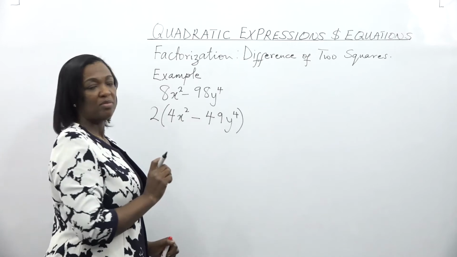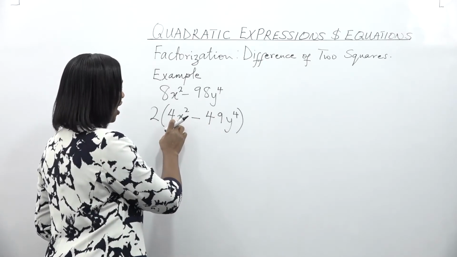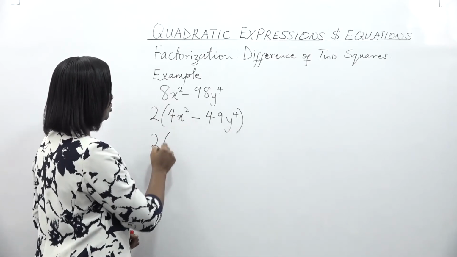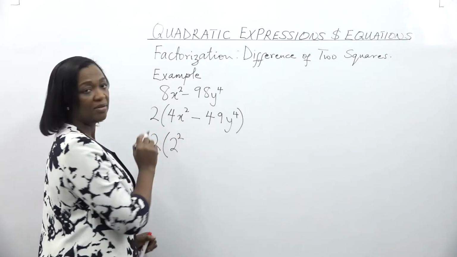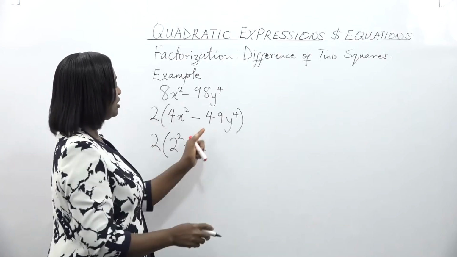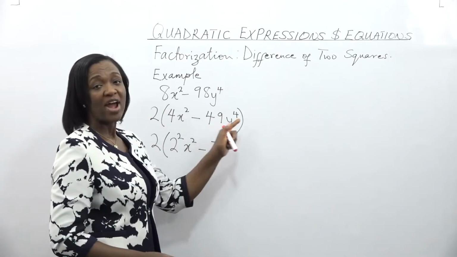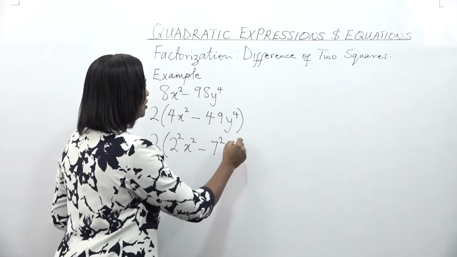4 is a squared number, and 49 is a squared number. So let's continue. It becomes 2 into 2 squared x squared minus 7 squared, and y to the power 4 is y squared squared.